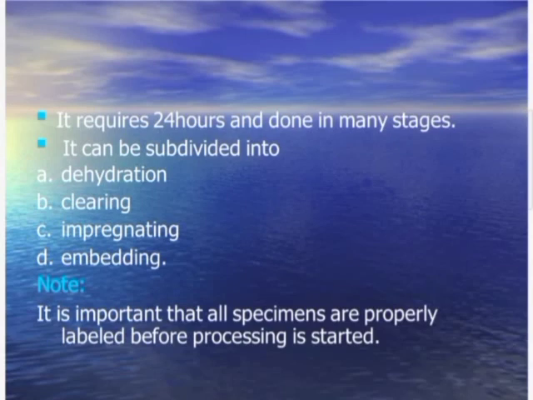It requires 24 hours and is done in many stages. It can be subdivided into, as I have told you, dehydration, dealcoholization, infiltration, and embedding, and it is important that all specimens are properly labeled before processing is started.